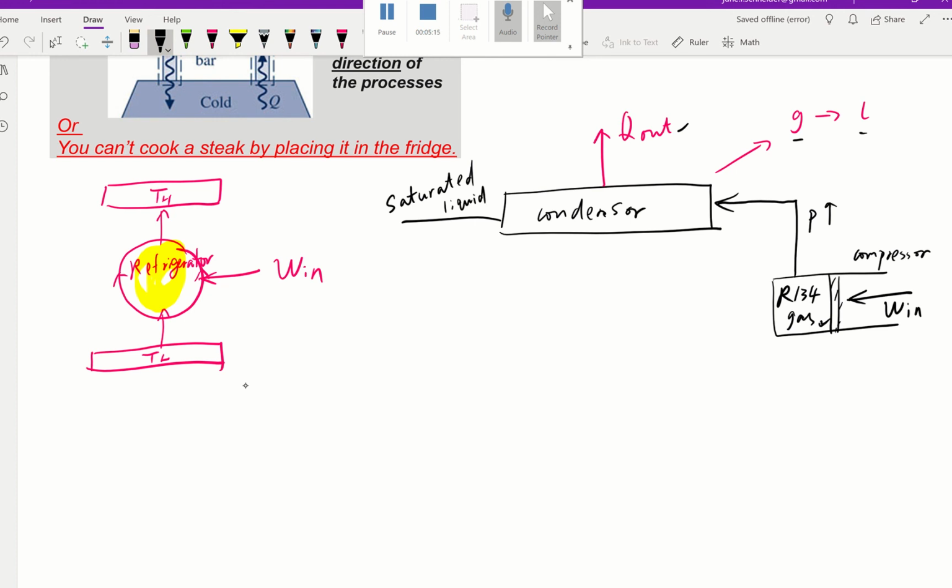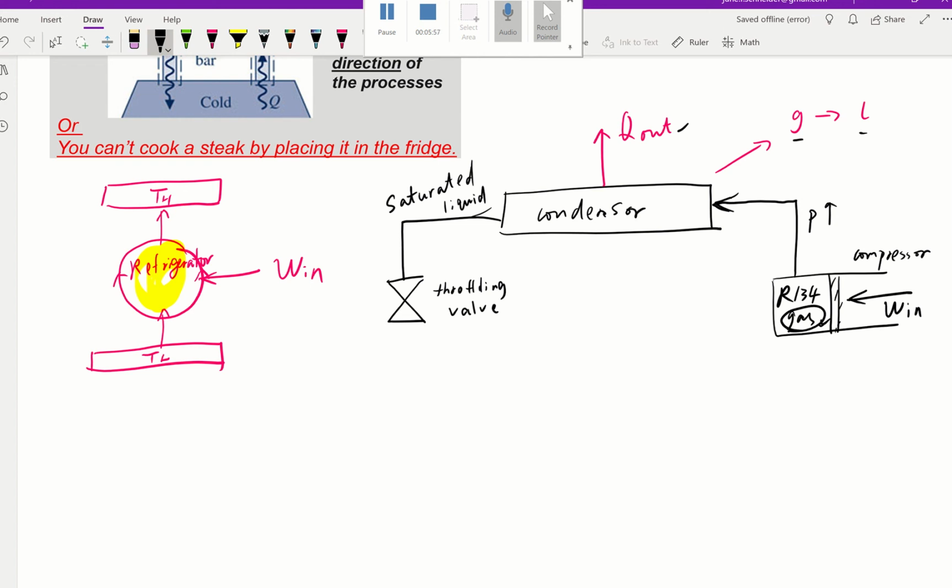So earlier, you come in as gas and are compressed to high pressure and then condensed to liquid. Then this liquid goes through the throttling valve. That's the symbol for a throttling valve, like an hourglass. If you need to review what a throttling valve does, there's an earlier video in the open system series talking about it. It's a restrictive tube, or we call it a capillary tube for the refrigerator.